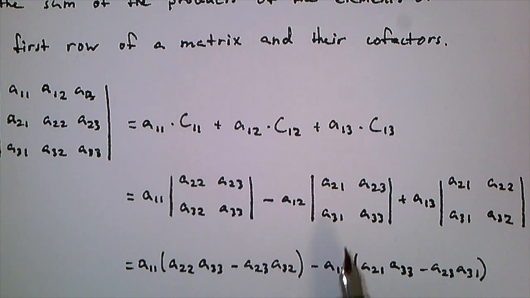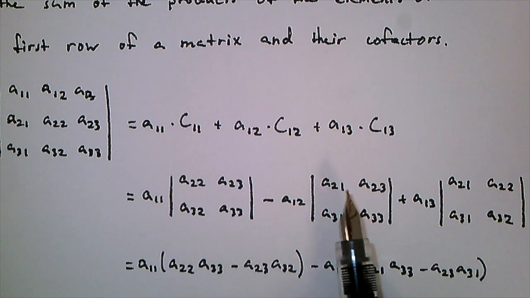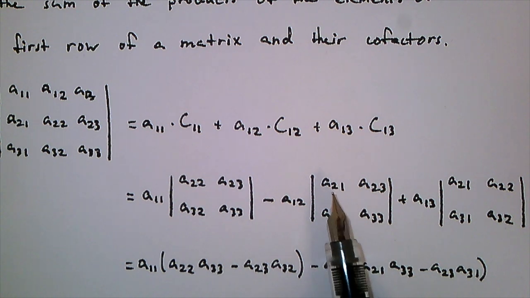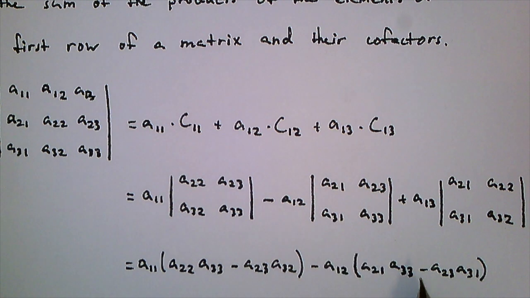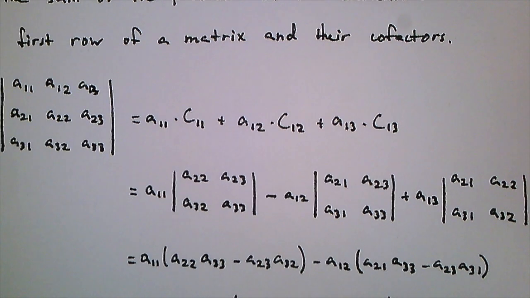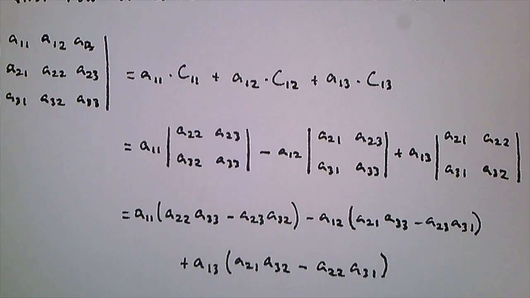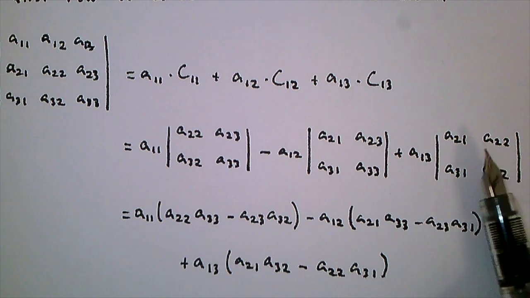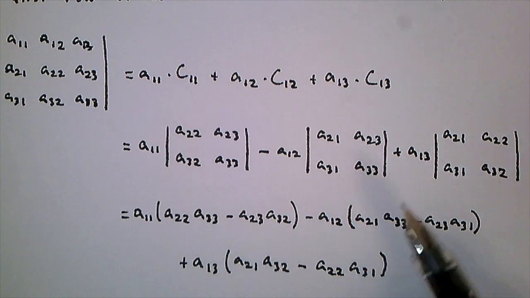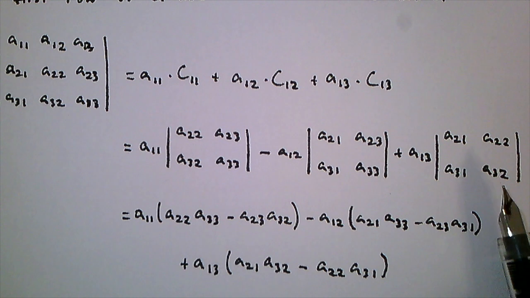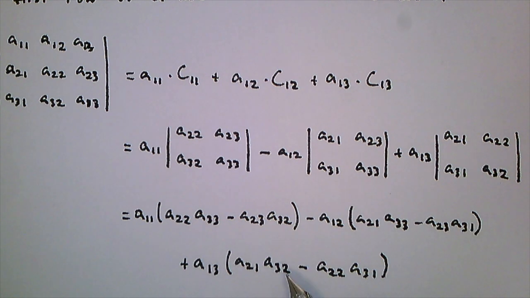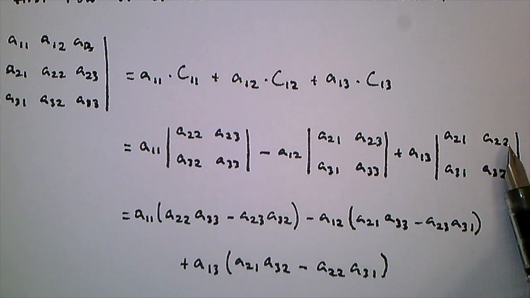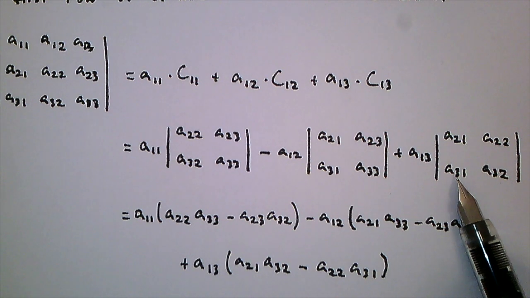And then we take the determinant of this 2 by 2, A21 times A33 minus A23 times A31. Okay, and then we need some more space. Now we add A13 times the determinant of this guy, and that's A21 times A32 minus A22 times A31.